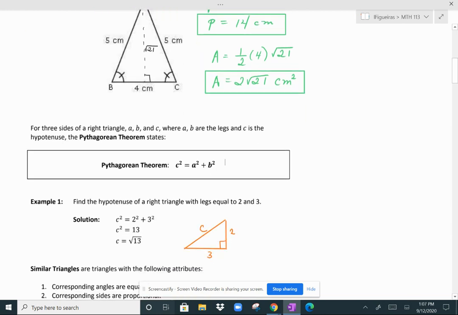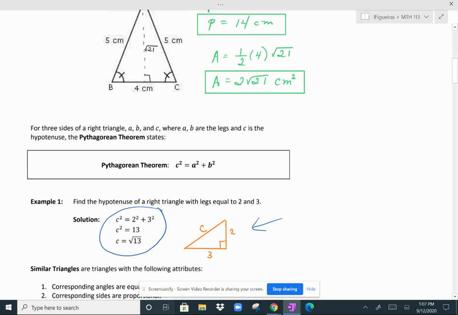So let's find the hypotenuse in this right triangle with one leg equal to 2 and the other equal to 3. Here's a picture of what we want to compute. We want to compute the hypotenuse that I'm going to call C. Using the Pythagorean theorem, I have C squared equals 2 squared plus 3 squared. So the right side becomes 13.